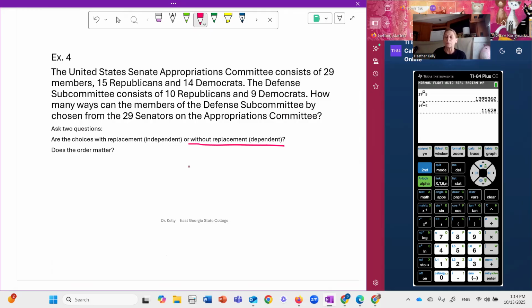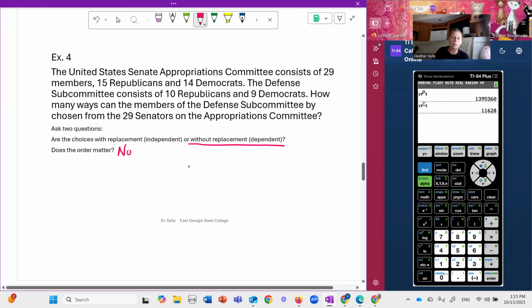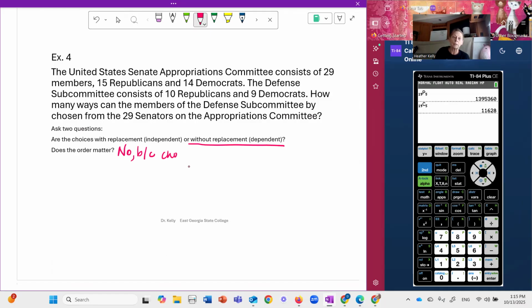Does the order matter? This is not ranked. I say the order does not matter because we're just choosing members, not like president, vice president, etc., something with rank. Okay, this is non-ranking, so order does not matter. So we're going to use NPR.